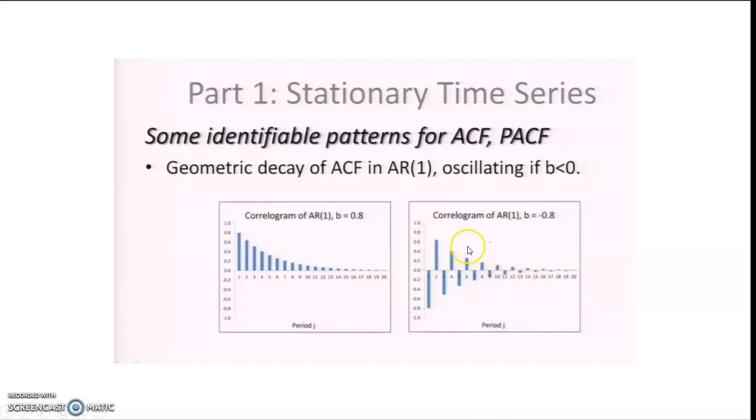So in case of negative, there will be a negative autocorrelation followed by positive, followed by negative, and followed by positive. So there will be oscillation. But in case of a positive coefficient of autoregression of order 1, there is a series of positive autocorrelations, and there is a geometrical decay.